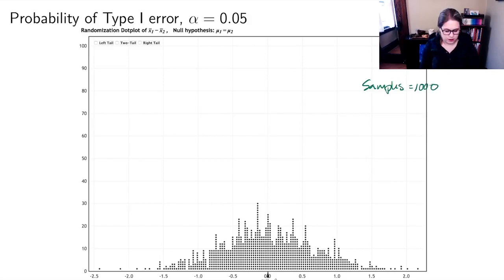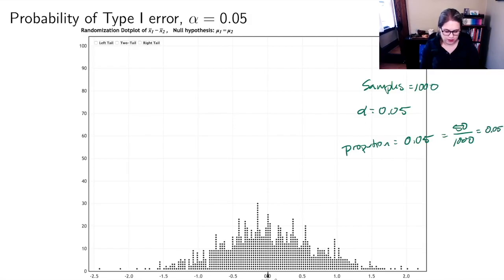So an alpha of 0.05, it's going to be the proportion that's as extreme or more extreme, and it needs to come out to be 0.05. It's something out of 1,000, so it's going to be 50 out of 1,000 to be 0.05.